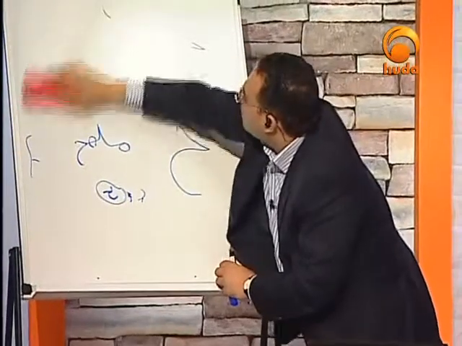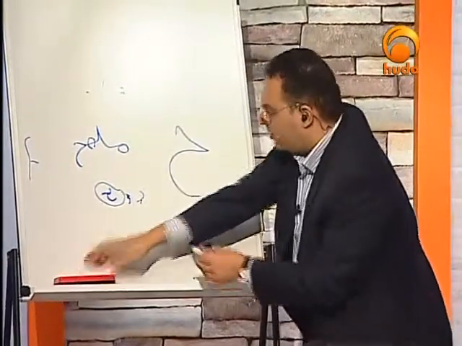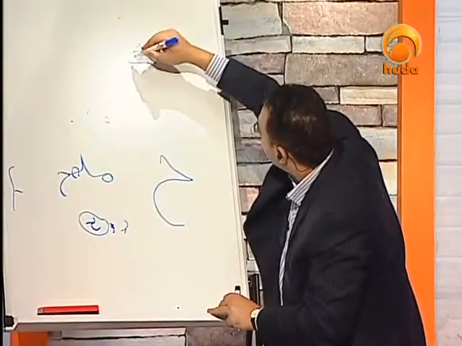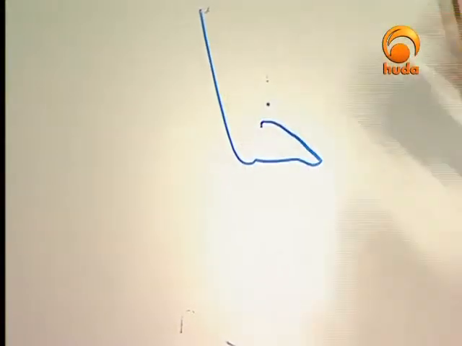If you combine kha, if you say, for example, kha in this way, let me just write that here. And then we put alif. So that is kha.